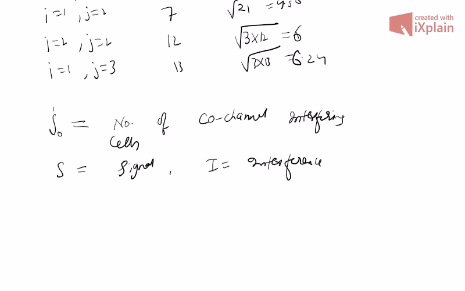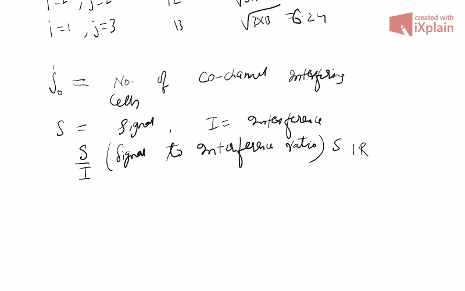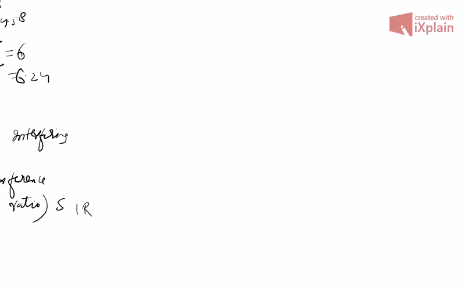Okay, then we have this S over I, which is also called signal to interference ratio, SIR for short, or S by I. Now let me give you an example.